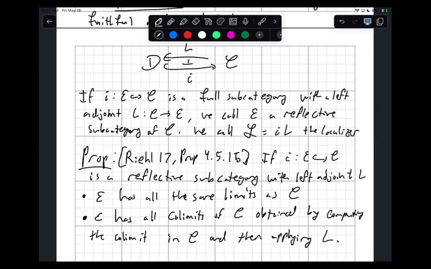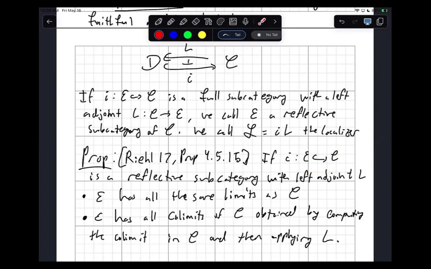So what does that mean? It says, okay, I have some reflective subcategory of C. And subcategories can have arbitrarily different structure to the bigger category, right? So you don't necessarily know that it inherits any limits or colimits or anything.